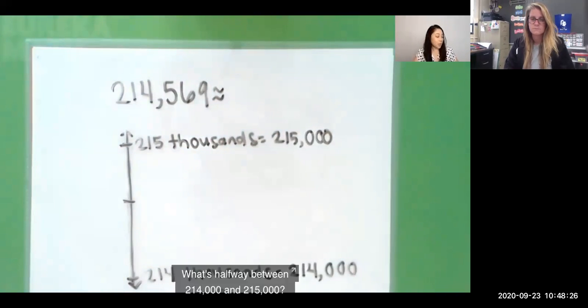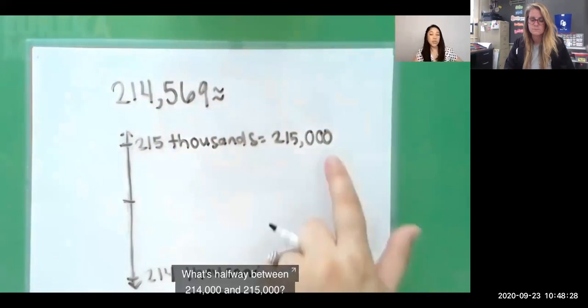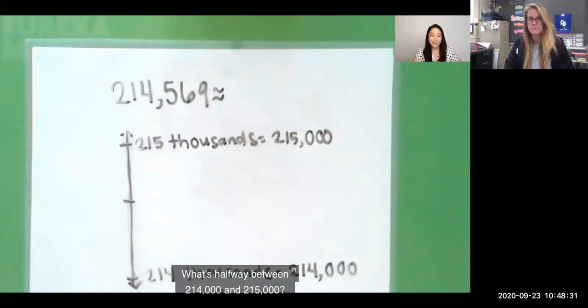What's halfway between 214,000 and 215,000? 214,500.